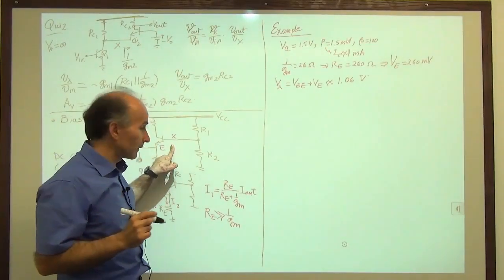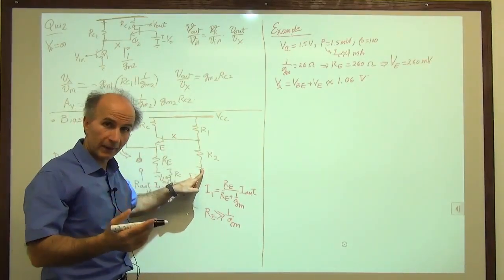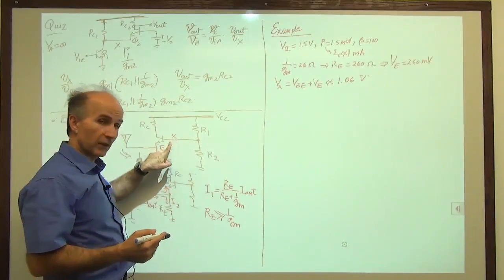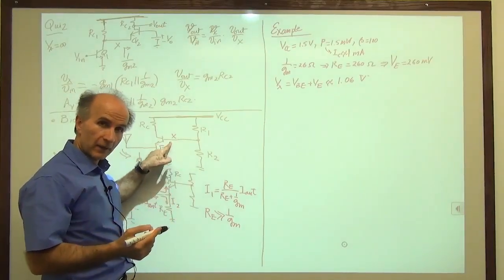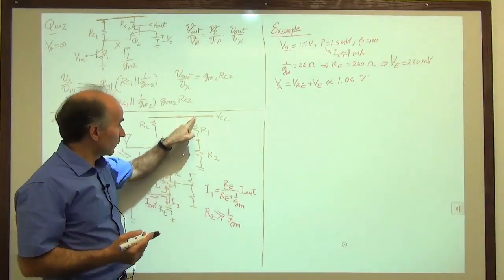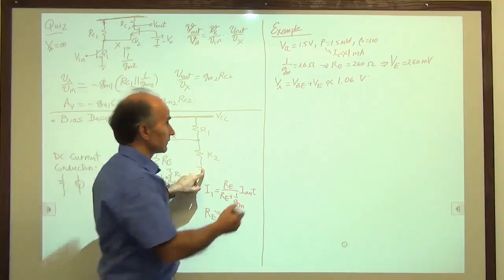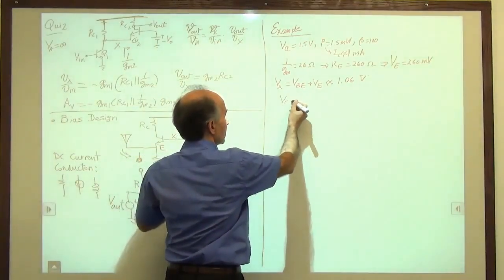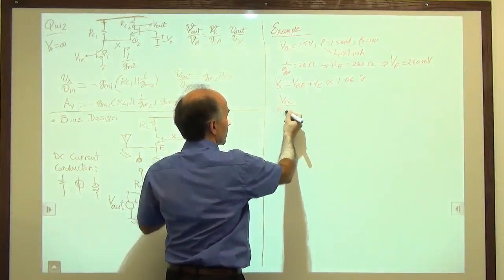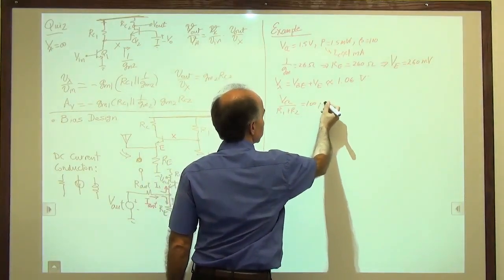Now, we also remember that the current flowing through R1 and R2 is chosen to be approximately 10 times the base current. The base current is 1 milliamp divided by 100, 10 microamps. So this current has to be approximately 100 microamps. So VCC over R1 plus R2 is 100 microamps.